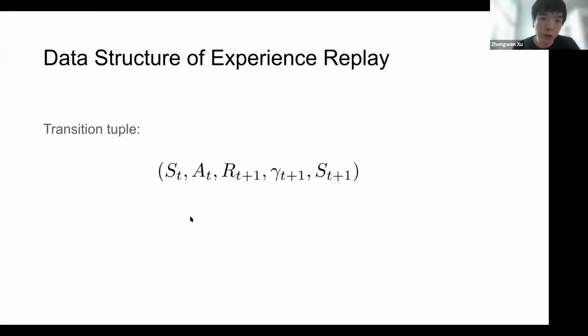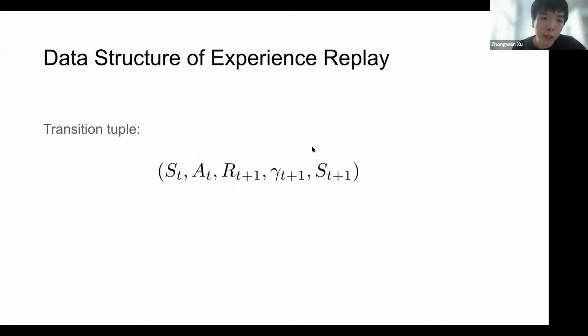The data structure of the experience replay is a transition tuple. We can see here the actual data structure used in the implementation of experience replay. It stores the current state, the action, and the reward of the next time step, and the discounting of the next time step, also the state of the next time step.